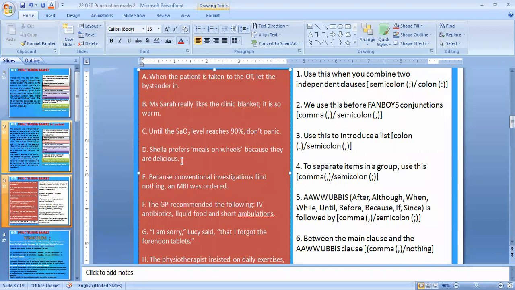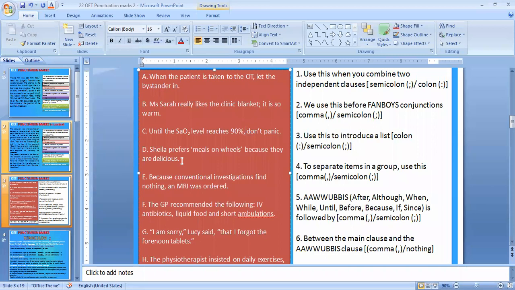Sheila prefers Meals on Wheels because they are delicious. Very good. Is there any comma? No comma. Meals on Wheels is in single inverted commas because that is a special phrase, so don't worry about that. But that means there is no comma or semicolon, no colon, nothing of that sort.